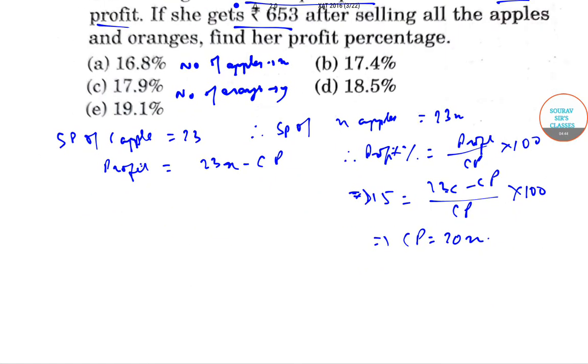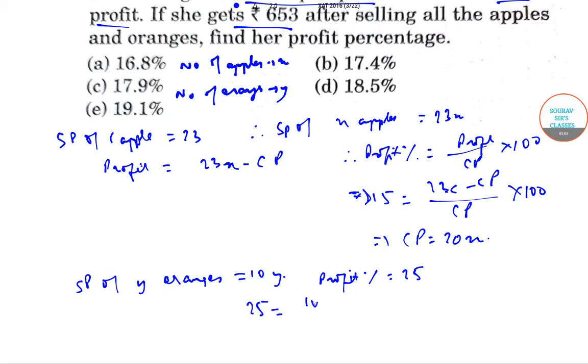Again, similarly doing our calculations for orange, SP of Y oranges is equal to 10y. Profit percentage is 25.